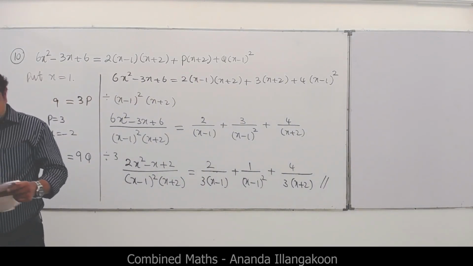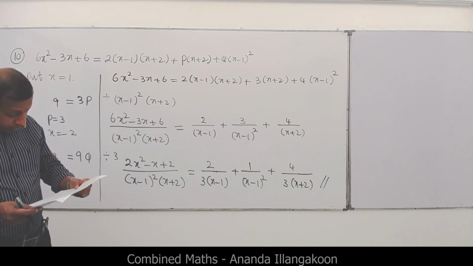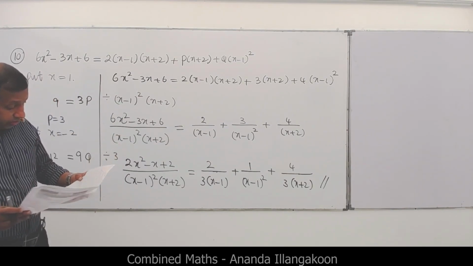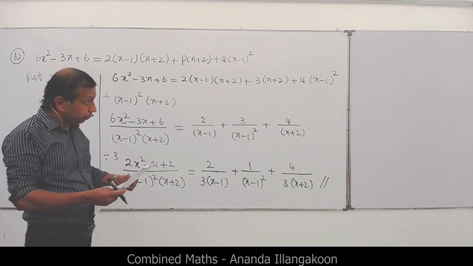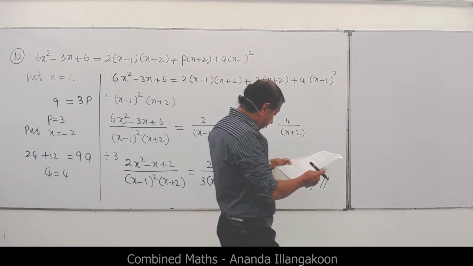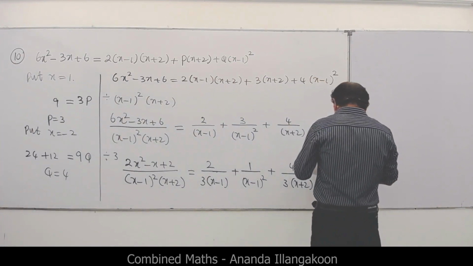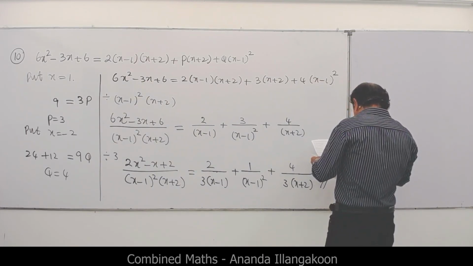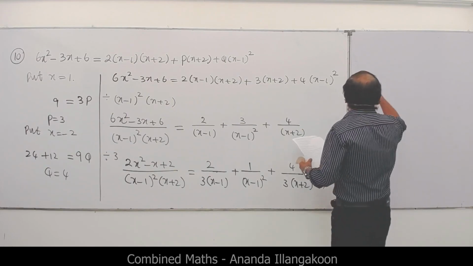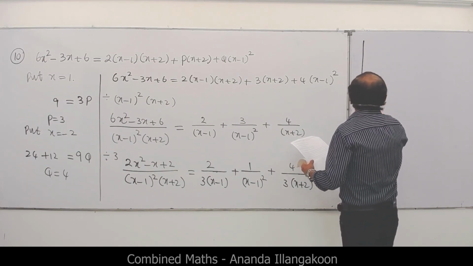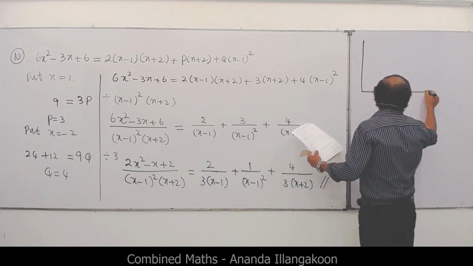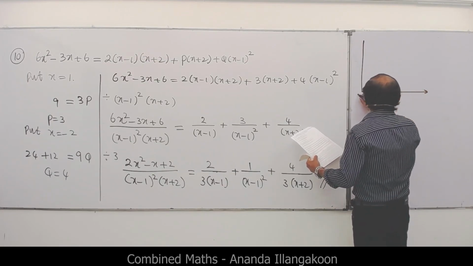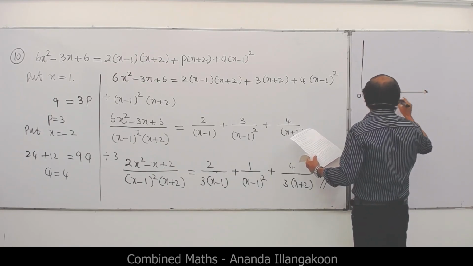Question number 11, the last question. The position vectors of points A and B relative to vector origin O, 5i and this. Right here O, 5i here.